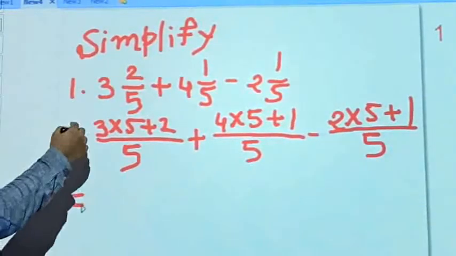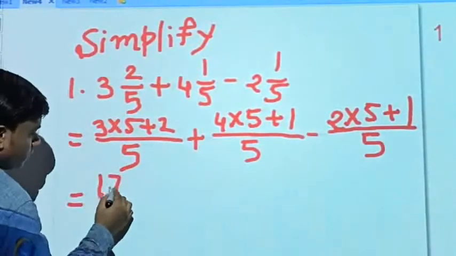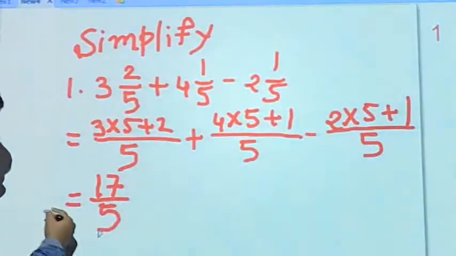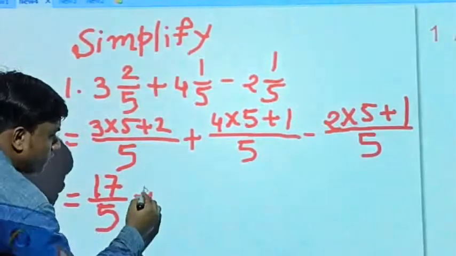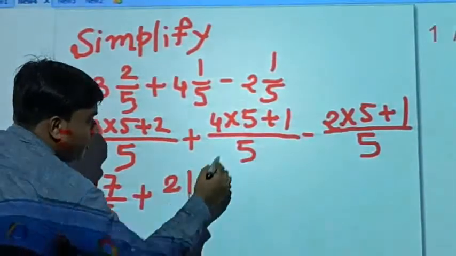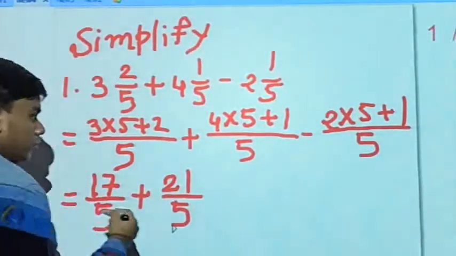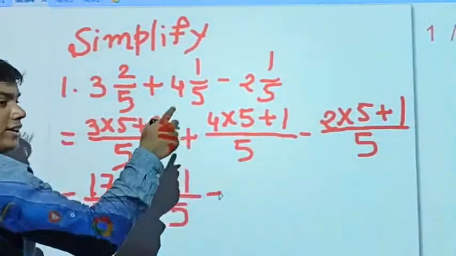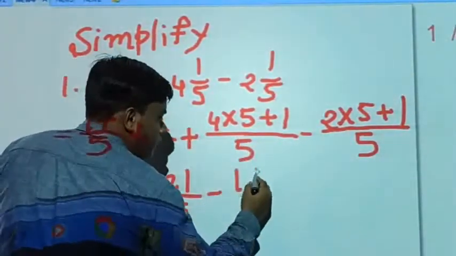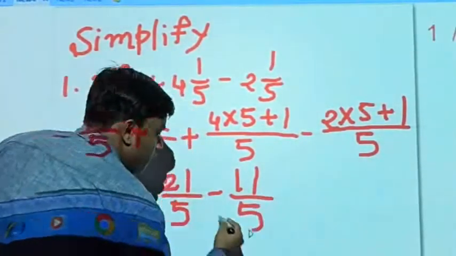So 3 fives are 15 plus 2, 17, 17 by 5, plus 20 plus 1, 21 by 5, minus 2 fives are 10, 10 plus 1, 11, 11 by 5.